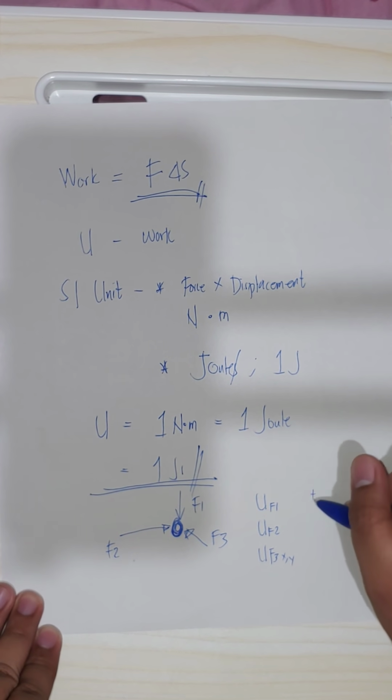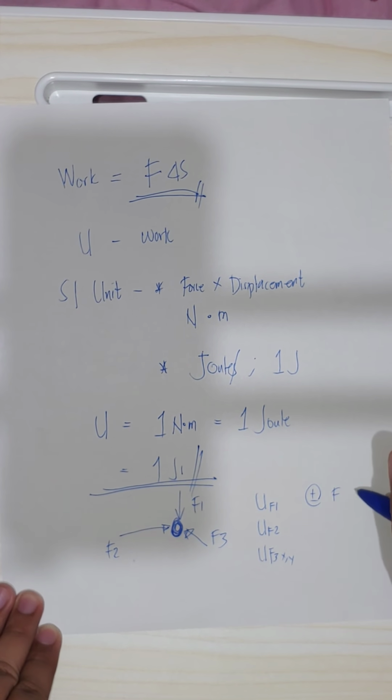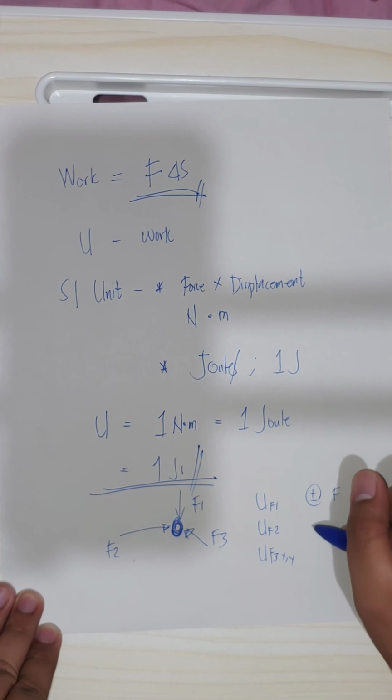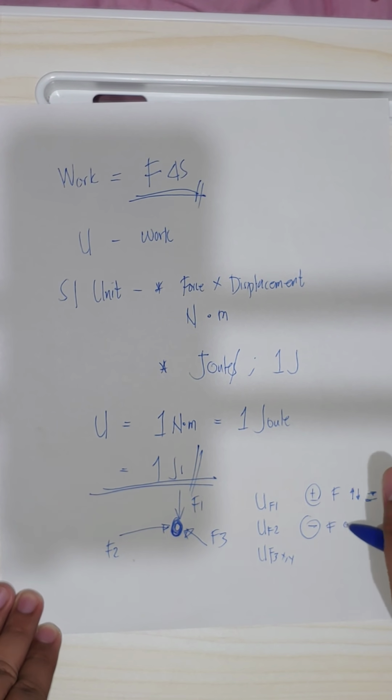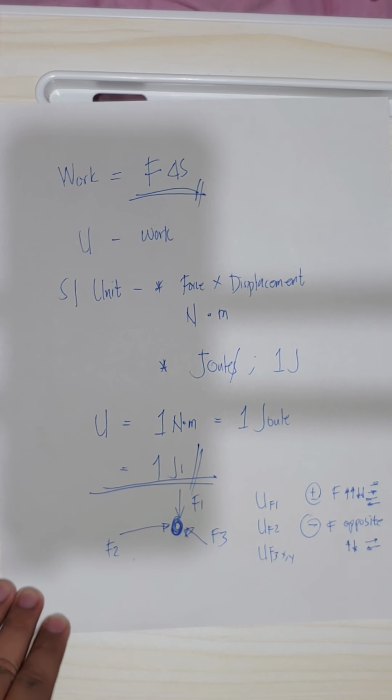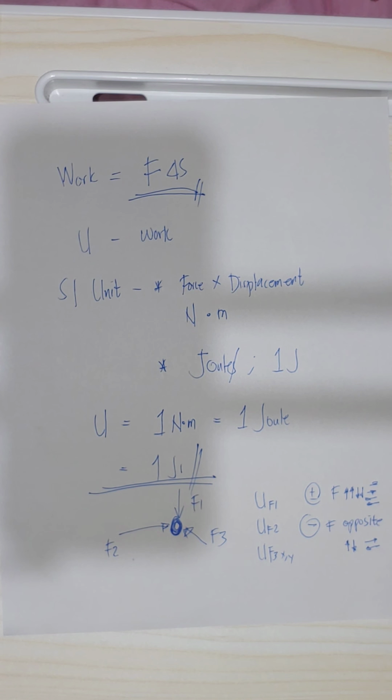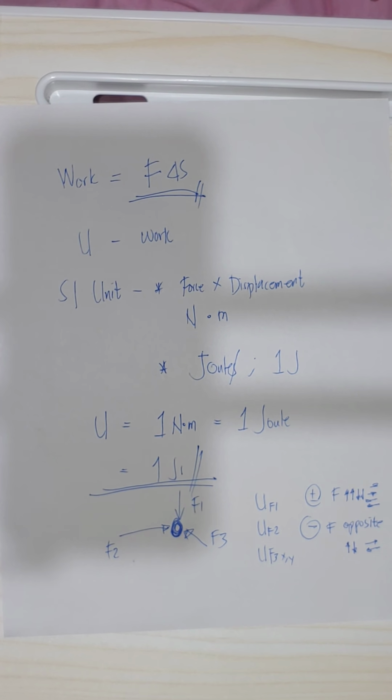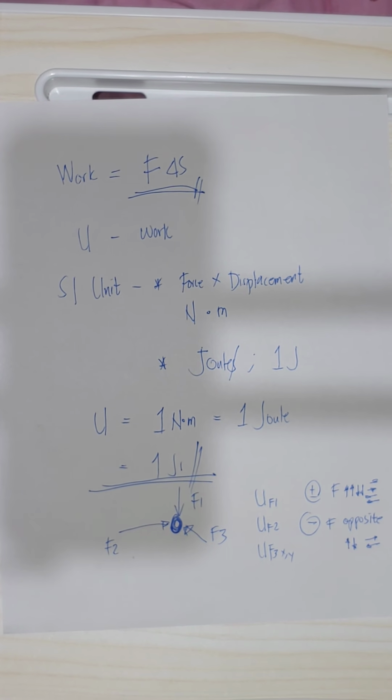Work is positive if the force is in the same direction as the motion, and negative if the force is opposite. See here, we have the same direction of the force. And if the force is opposite, then the sign convention of work is negative. That's all. Okay? So that is the work of a particle.